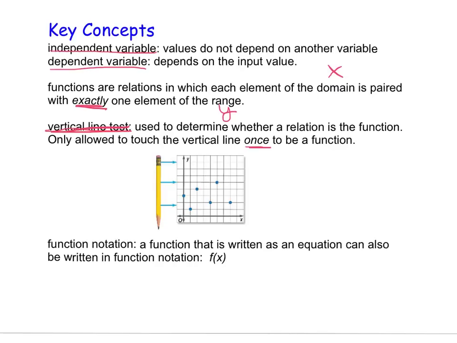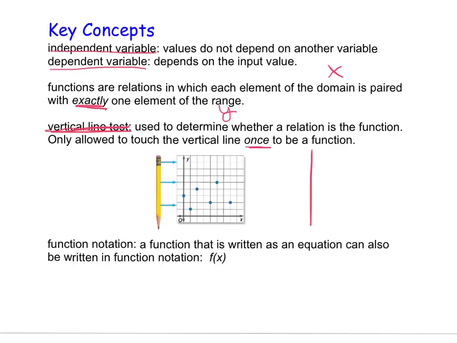So if you were to take this pencil and imagine that pencil going across your screen, or if you want to put your pencil up to the screen and move it across your screen, does all of those dots or that graph only touch your pencil once? And so if that is, then that means it's a function.